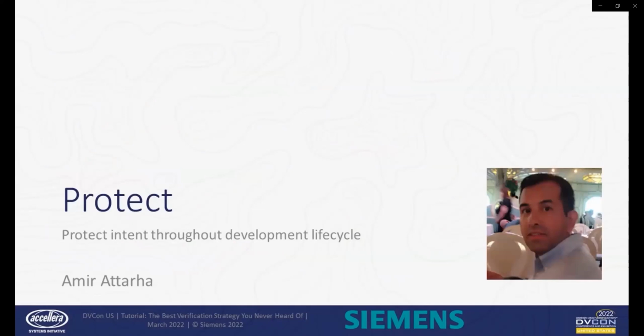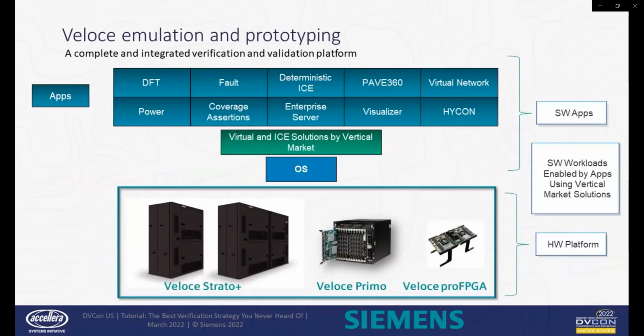I'm Amir Aderha, product manager for Veloce Power app with Siemens EDA, and I'm very excited to present Veloce emulation for this session. We offer a complete emulation and prototyping system as shown here. On the top, you see our software apps, which address customer challenges for different categories of problems.